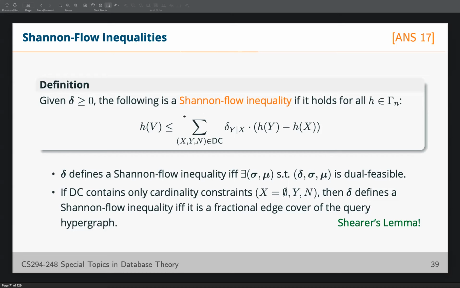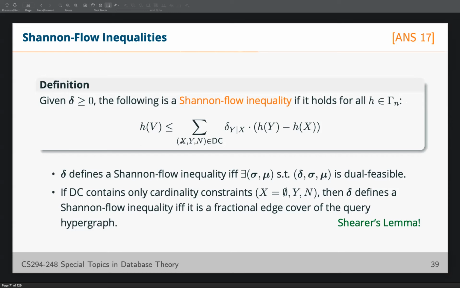Sorry, just a notation question here. What is the V on the left? Oh, yes. V is the set of all variables in the query, so the size of V is n. And X and Y are just a standard degree constraint: X, Y, N. X and Y are subsets of V, and N is a number.